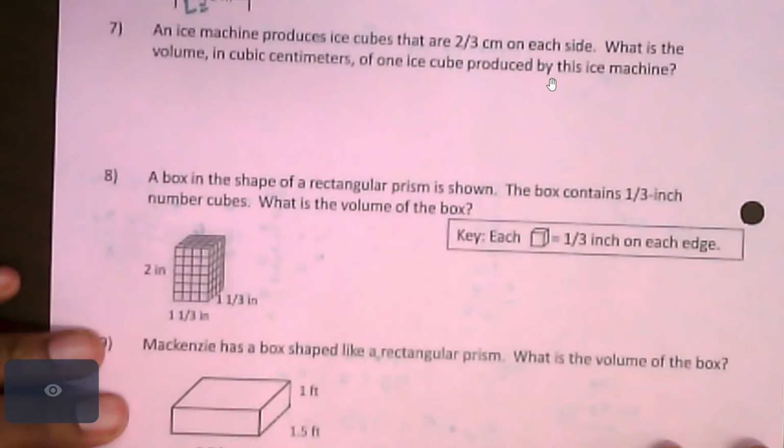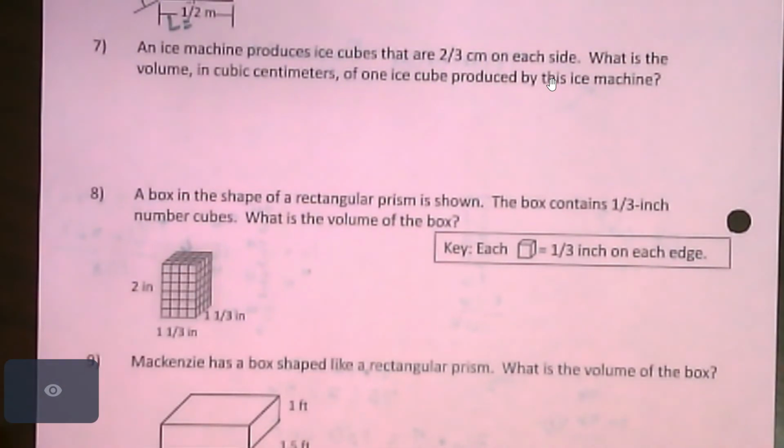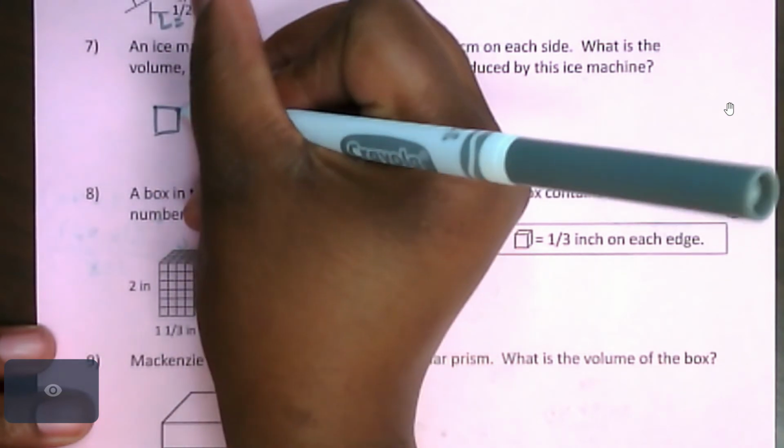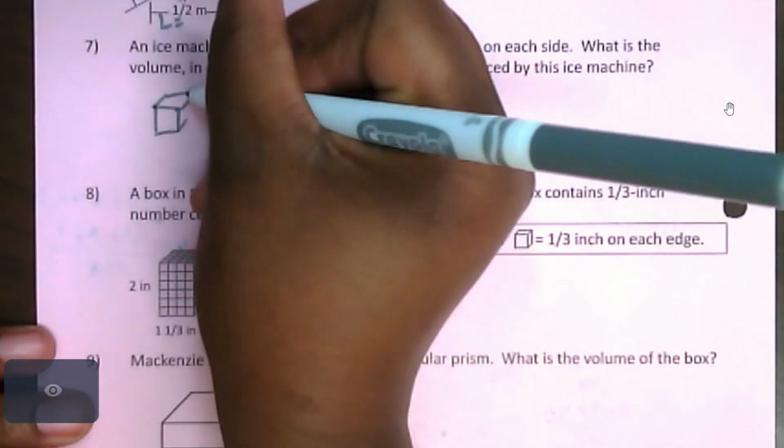All right, number 7. An ice machine produces ice cubes that are 2/3 centimeters on each side. What is the volume in cubic centimeters of one ice cube produced by this ice machine? I like to tell my students that you can always draw a picture if it helps.